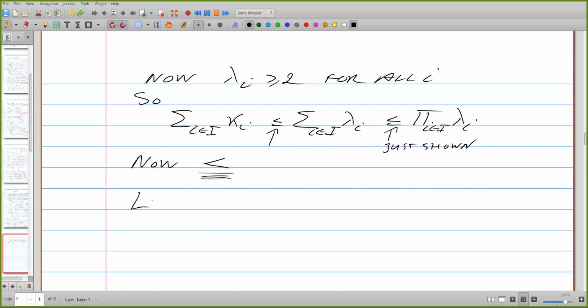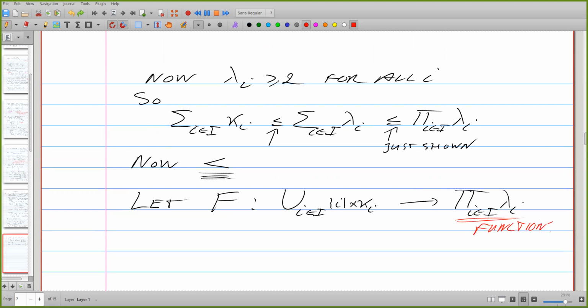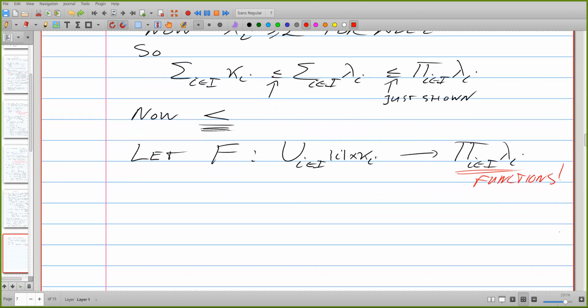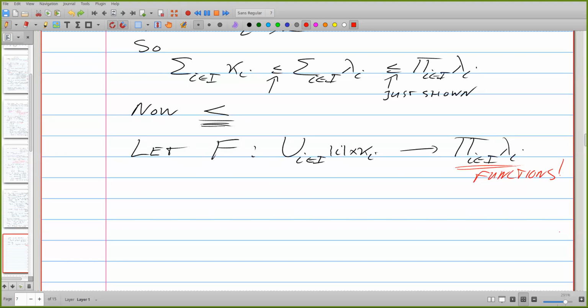Well, let F be a function from this disjoint union, and we are talking functions here because we're looking at the representing sets for the sum and for the product.